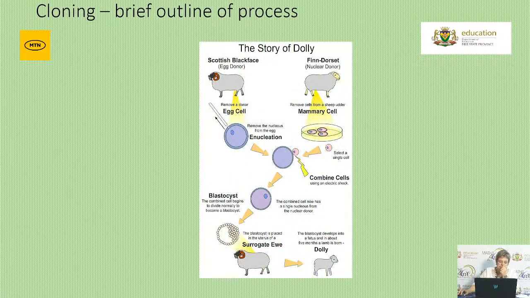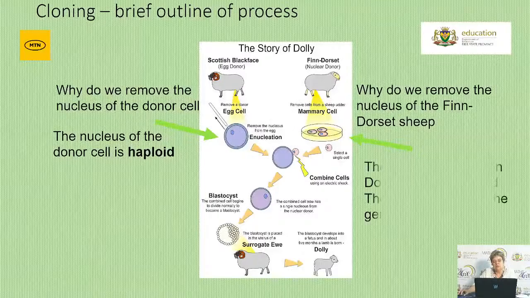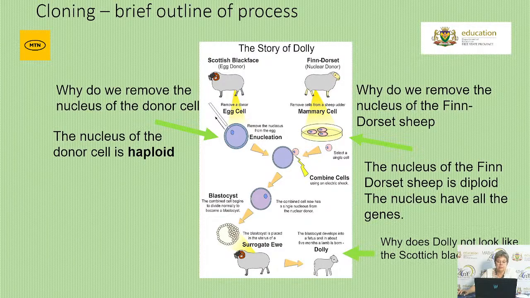Then a brief outline of the process of cloning. You must understand it and you must be able to apply the knowledge. So in short, when we remove a nucleus, usually the nucleus is diploid and we don't want those characteristics. That is why we remove it. When we insert a nucleus, then we need those characteristics and the nucleus is usually diploid.